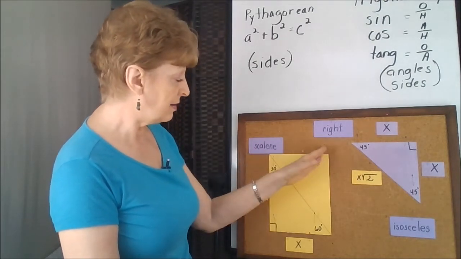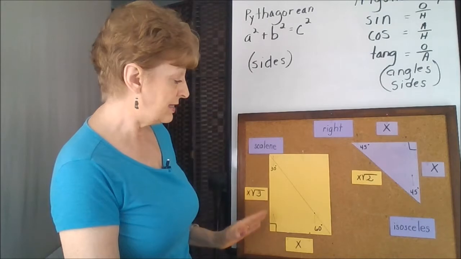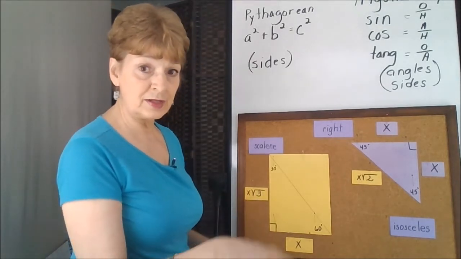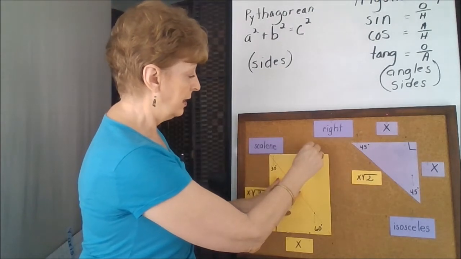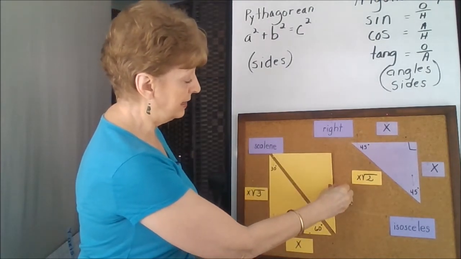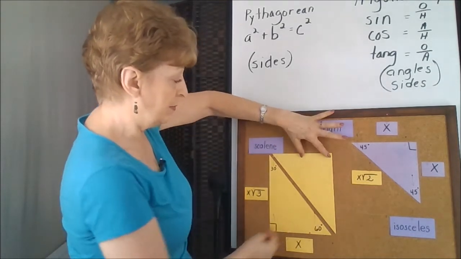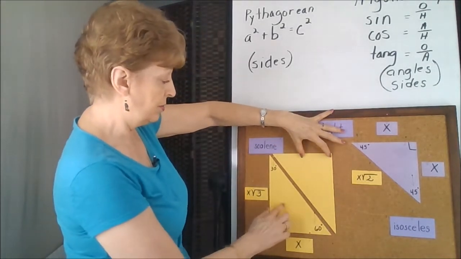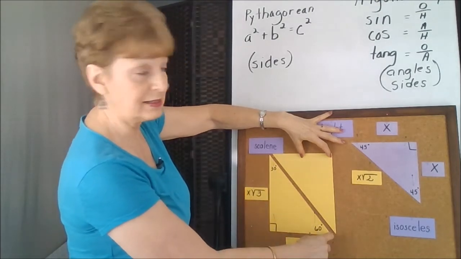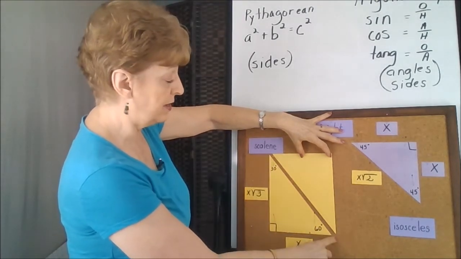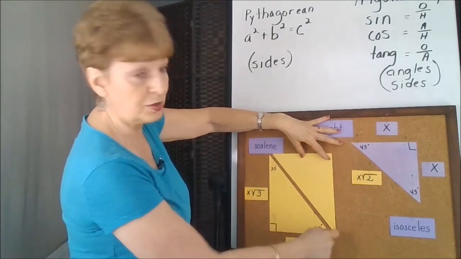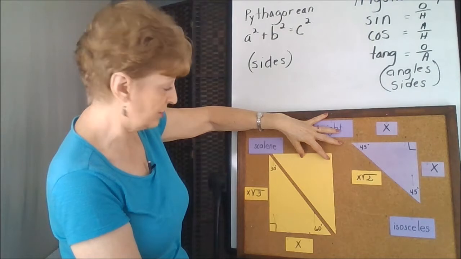The right triangle that is a 30, 60, 90 triangle is really made from a rectangle. Here I've got a rectangle that I could divide into 2 separate triangles if the diagonal is cut from one vertex to another. It could also be cut in this direction. I just chose that one for my illustration.